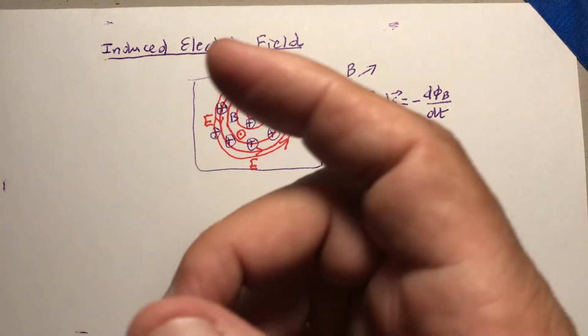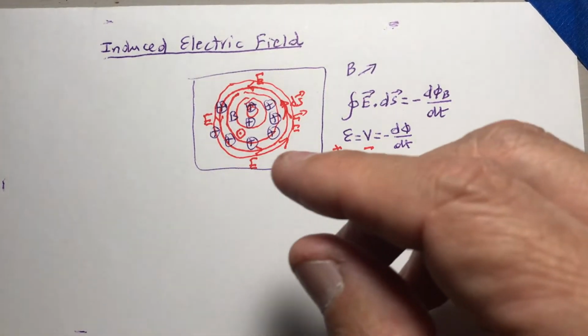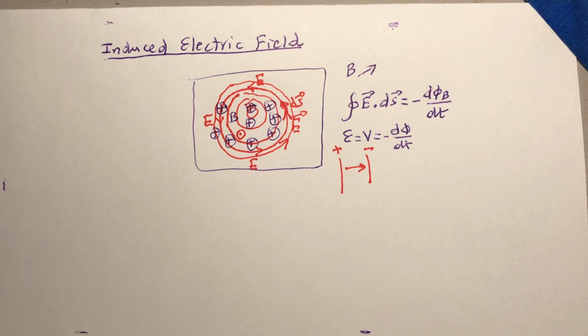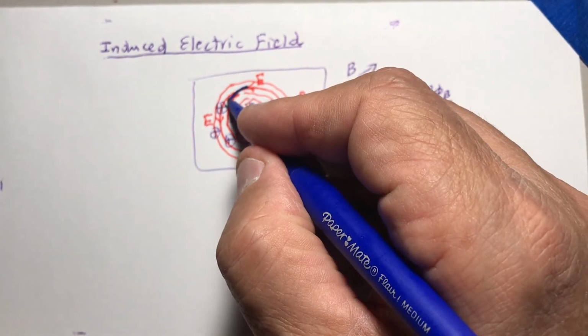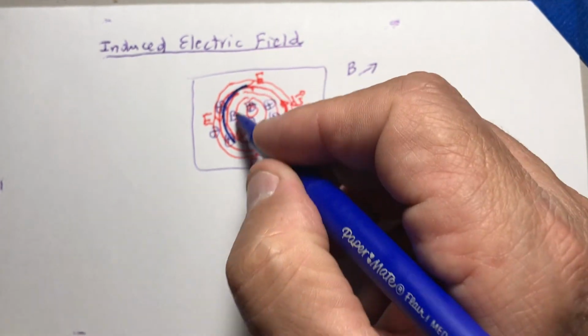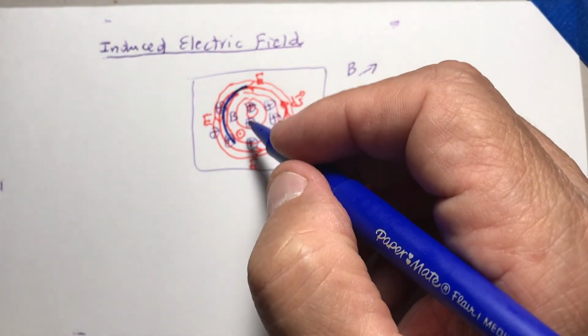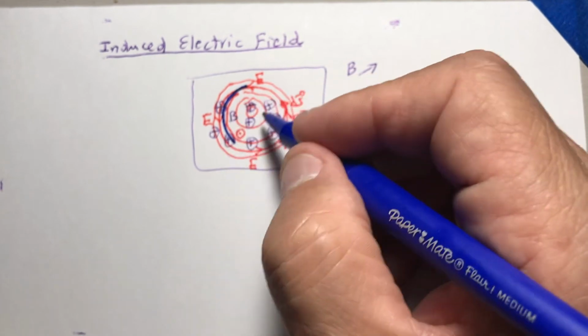Now, this is what's so interesting: if you put some wire here, remember, before we don't have any wire, we just have space. When we have space, we just have electric field.